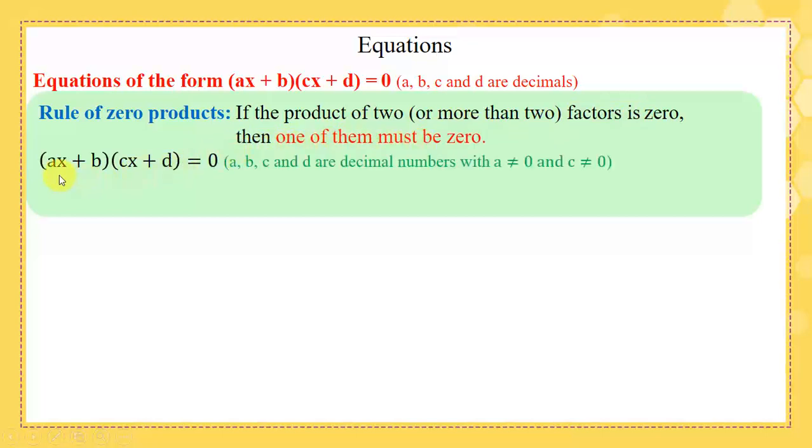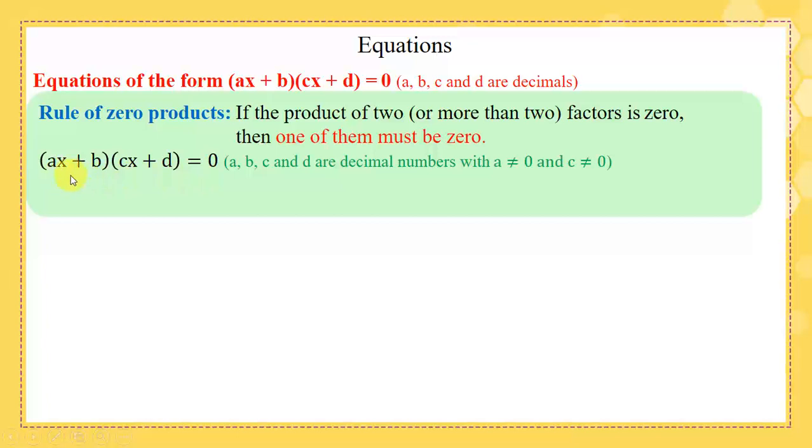For example, if we have (ax + b)(cx + d) = 0, here we have a product of two factors. The first factor is ax + b and the second factor is cx + d. According to the rule of zero products, one of them must be equal to 0.